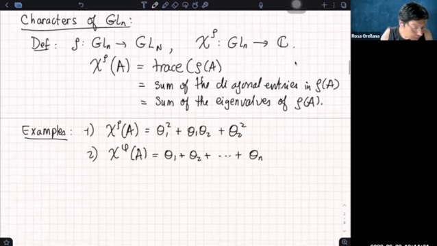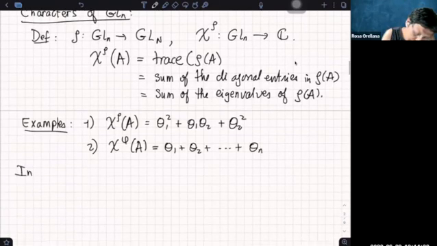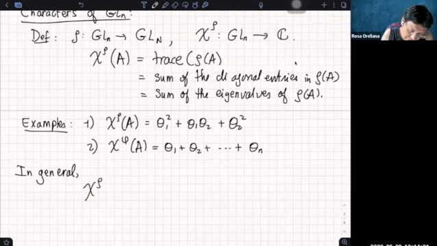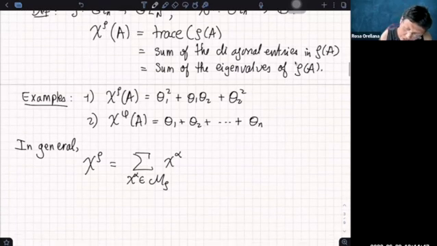Okay. So in general, the characters of the general linear group are going to be, if you have a representation, a polynomial where you are summing the eigenvalues, but as we saw from the proposition, these are going to be just monomials in this multiset that the proposition told us existed. So this is in general a homogeneous polynomial.